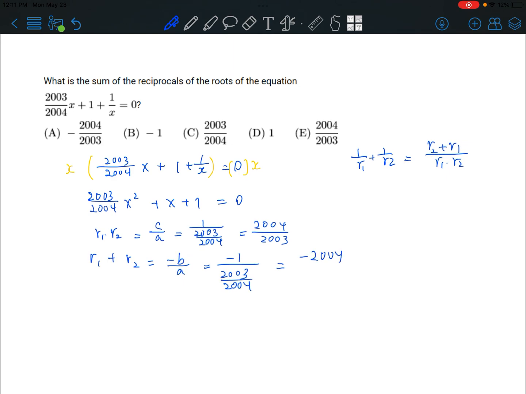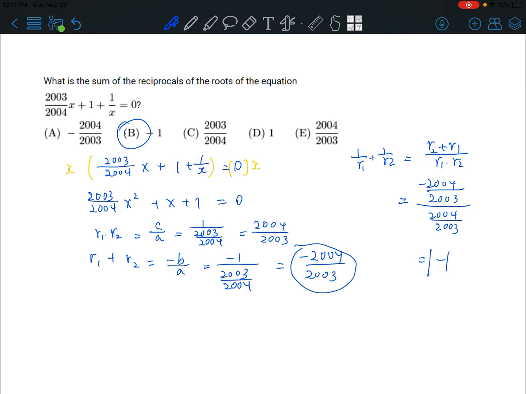So we can just plug these values back in. r1 plus r2 is equal to this, so negative 2003 over 2004 all over 2004 over 2003, which is equal to negative 1. So the answer is B.